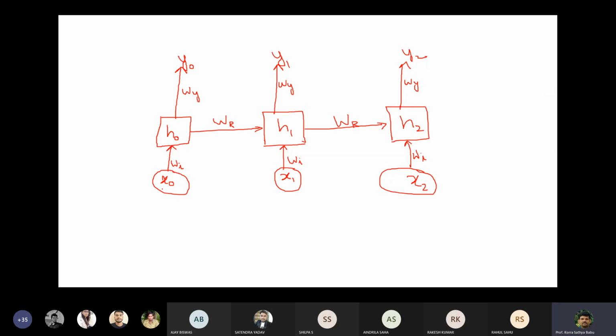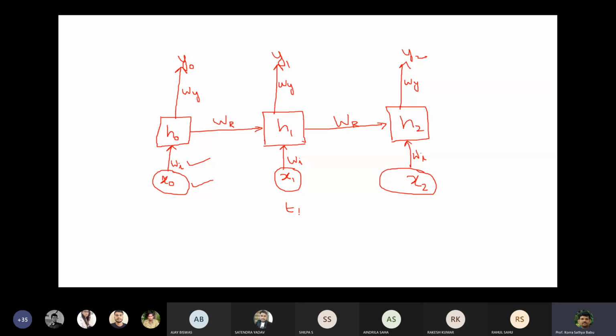This is the input, and this is the weight, and then you attain h naught. After processing, you send the processed value to the next stage, and also you can give the y naught with some weights Wy at time t1.